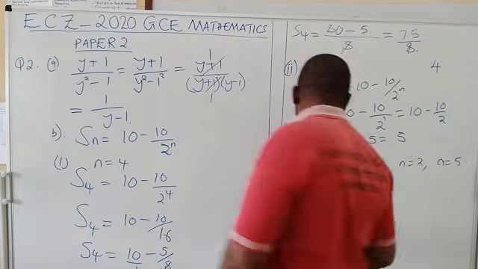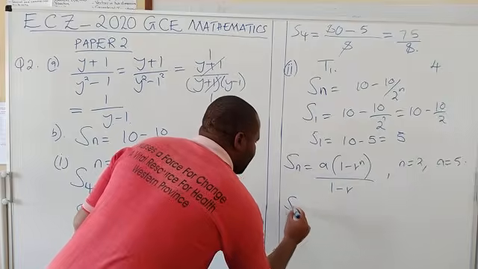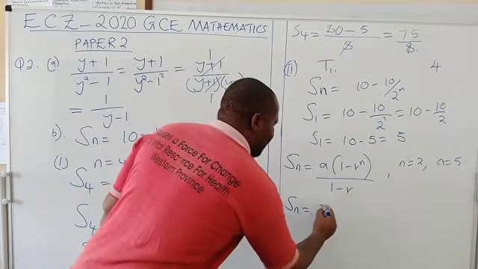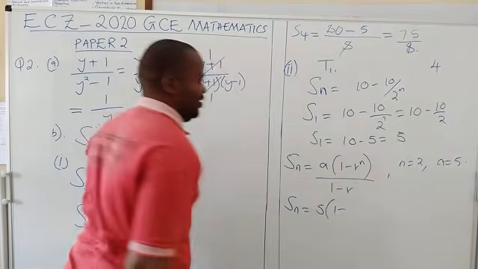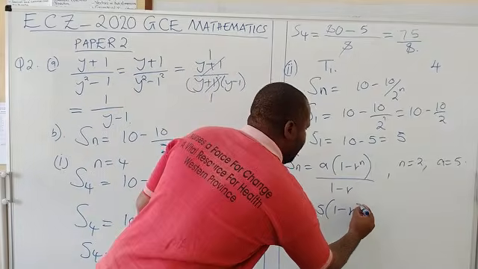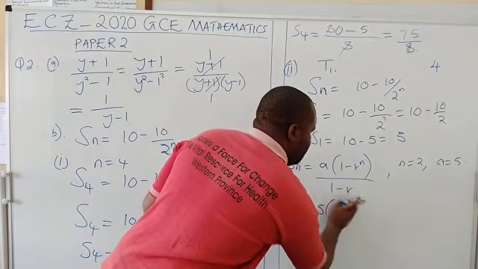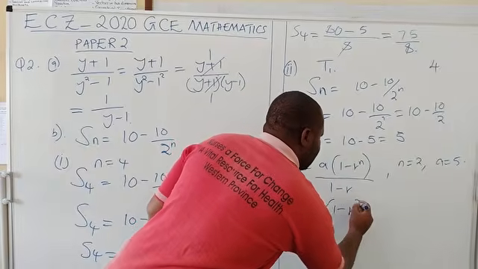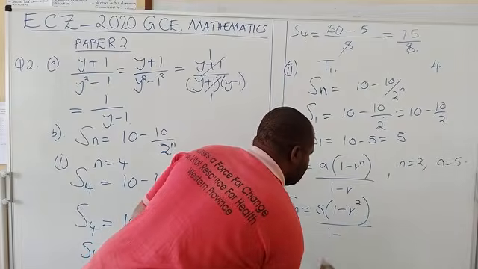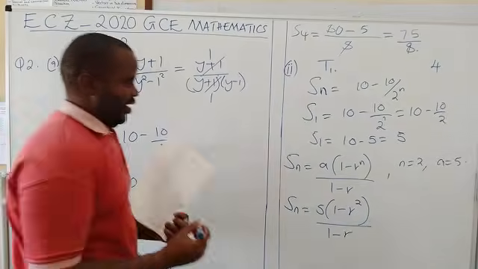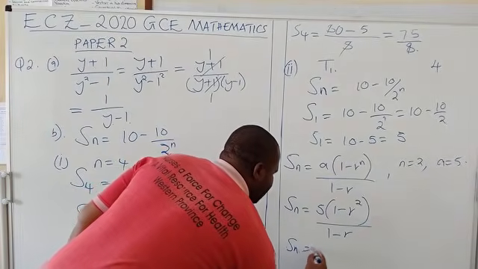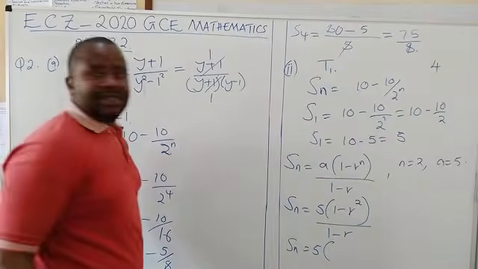So we are going to say Sn is equal to 5, 1 minus our ratio here to the power 2, over 1 minus R there. So we can say this is Sn is 5, open the bracket.